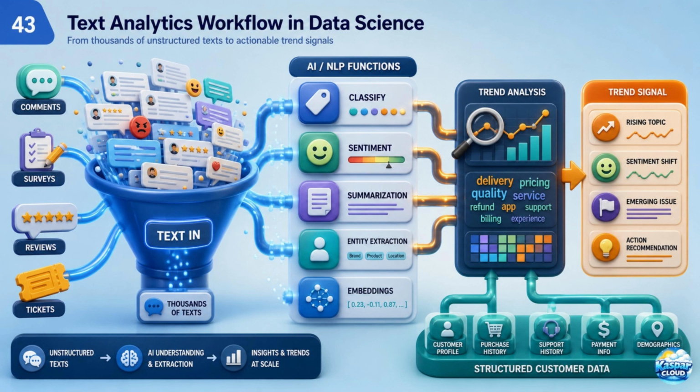AI functions can classify each item by topic, detect sentiment, summarize long comments, extract product names, and generate embeddings for clustering and similarity analysis. Data scientists can then analyze trends, identify emerging issues, and combine text-derived features with structured customer data. This transforms qualitative feedback into measurable analytical signals that can support reporting, prediction, and decision-making.